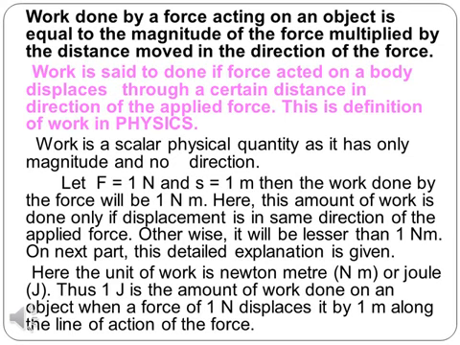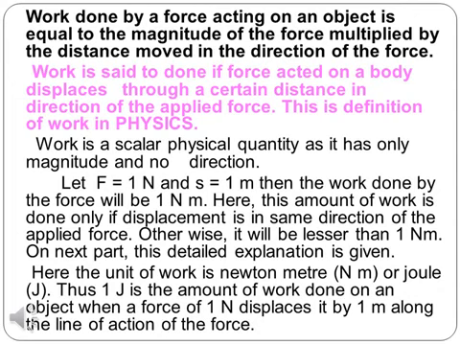Here, this amount of work is done only if the displacement is in the same direction as the applied force. Otherwise, it will be less than 1 Newton meter. The detailed explanation is given in the next part.